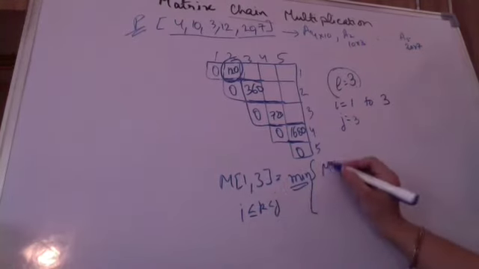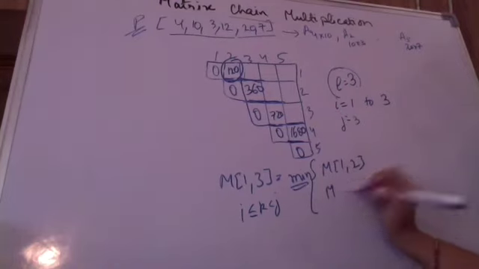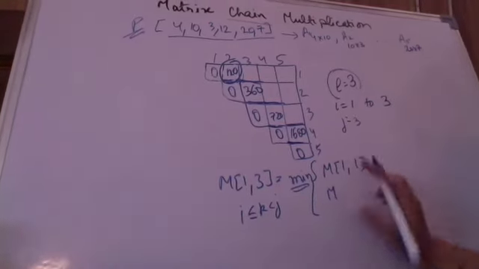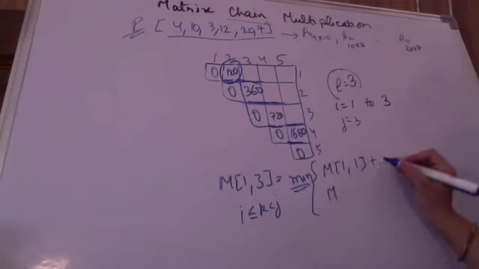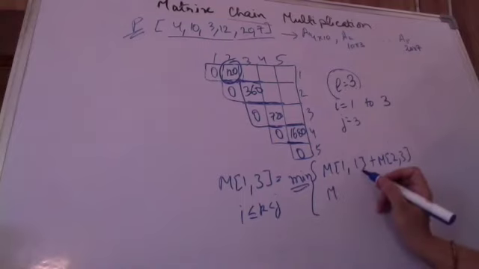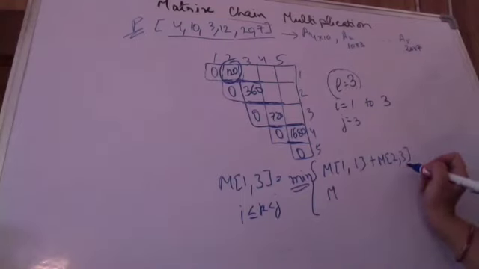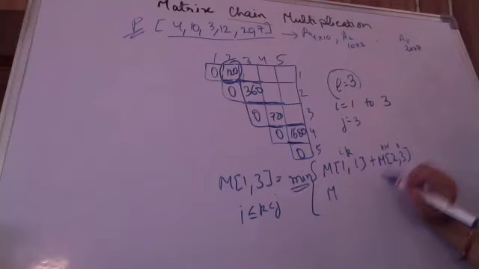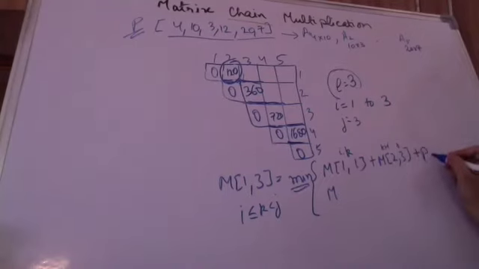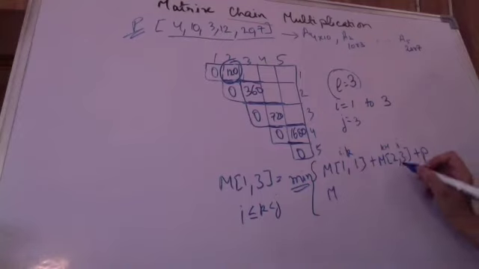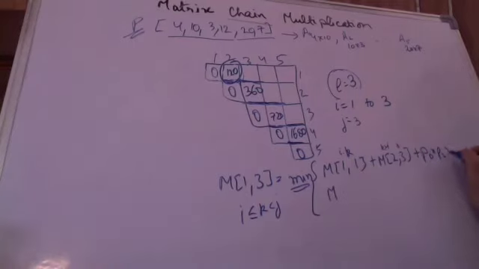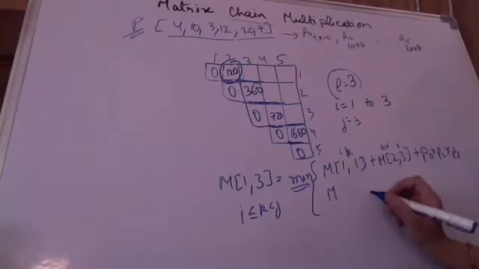So if you take k as 1, this is M11 plus M2,3, that is I to k and k plus 1 to j. Plus, what will be the order of the indices? We multiply P0 into P2 into P3. So P0 into P2 into P3. In case you're not understanding, just let me know.